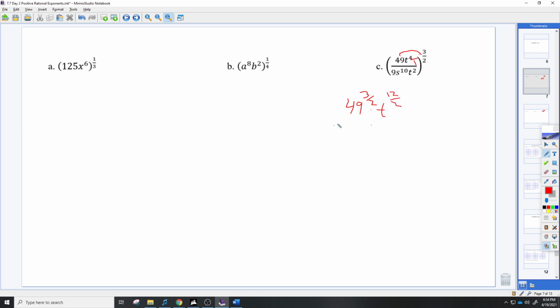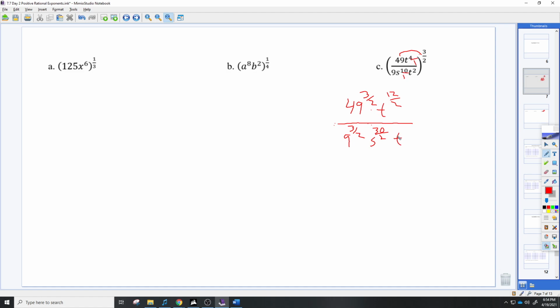All right, now let's go to the actual denominator here. It has to go to the 9, so we have 9 to the 3 over 2. Has to go to the s, so make that 10 over 1. 10 times 3 would be 30. 30 over the bottom would be then 2. 1 times 2.